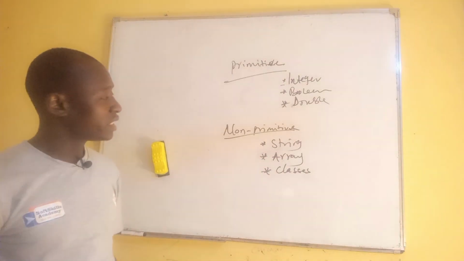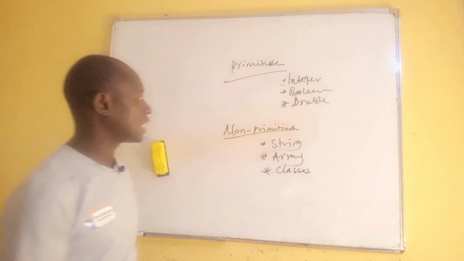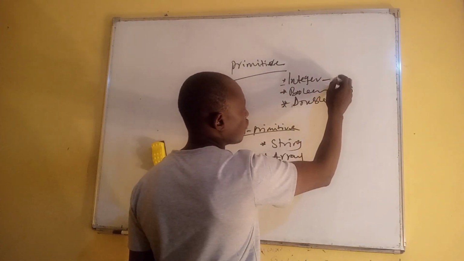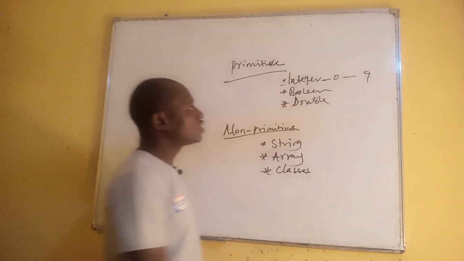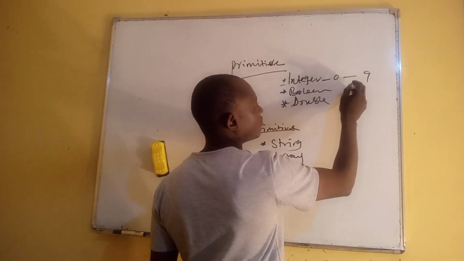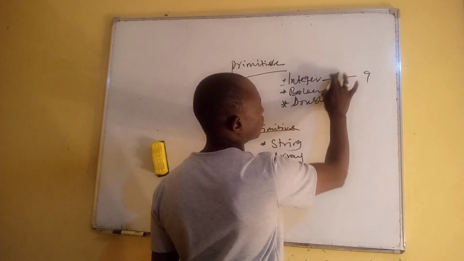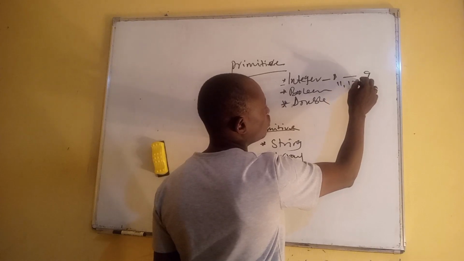So here, what we are saying is that in primitive data types, an integer is going to take a whole number, from 0 to 9 inclusive, and then 10, 11, 12, up to 13.